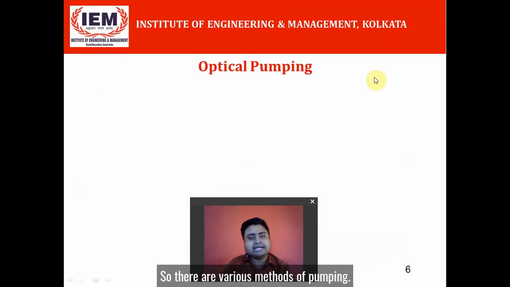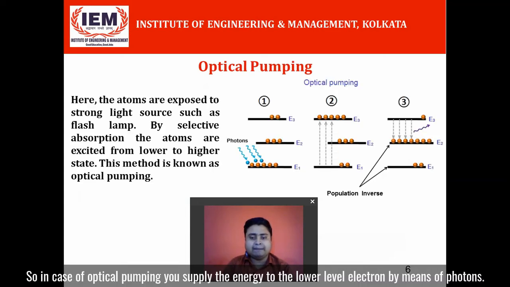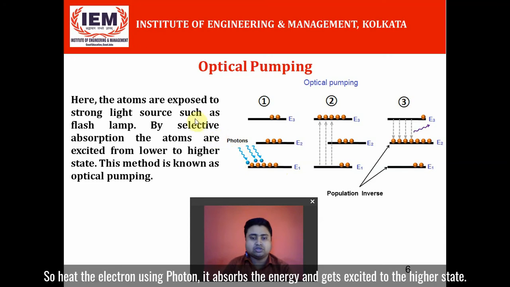There are various methods of pumping. One of them is optical pumping. In optical pumping, you supply the energy to the lower level electrons by means of photons. So you excite the electrons using photons. They absorb the energy and get excited to the higher state.